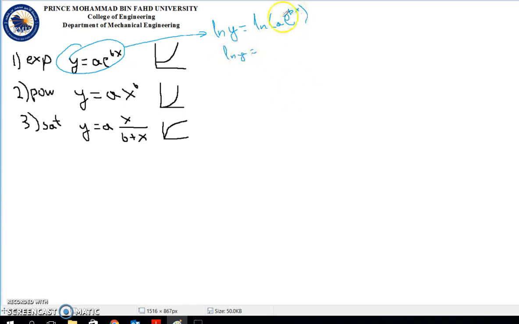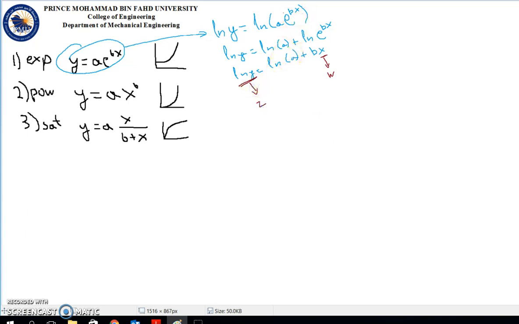Then we said we can break this logarithm into the summation of ln a plus ln e^(bx), and then ln y equals ln a plus bx, because the exponent can come to the front, and ln e is 1, so we don't write it.